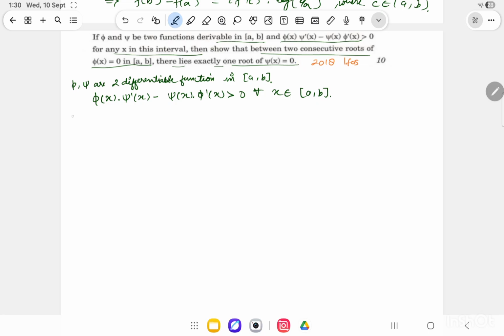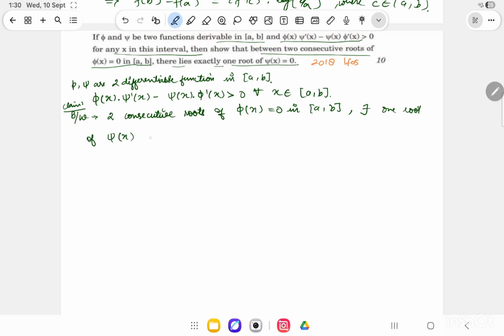Okay, so we claim that between two consecutive roots of phi x equals to 0 in the closed interval [a, b], there exists 1 root of psi x. Now it is given to us that phi and psi are two differentiable functions.